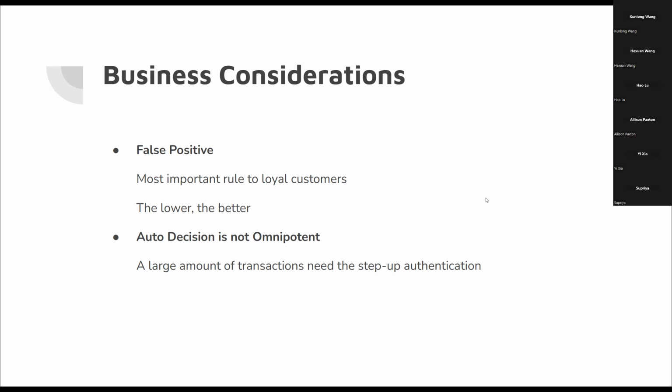The most common scenario is step-up authentication, where the transaction is held and a text message reply or ID information is required for authentication. In this way, the machine learning models are faster, more efficient, and more accurate than the traditional methods, as we talked about before, but it is still not omnipotent.